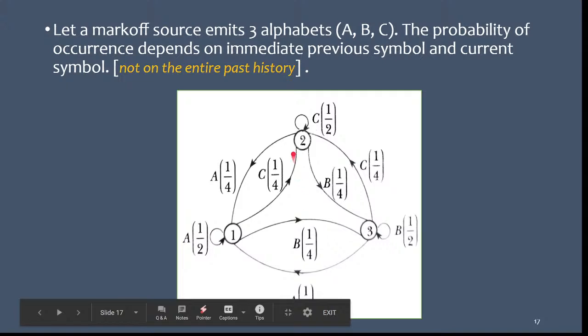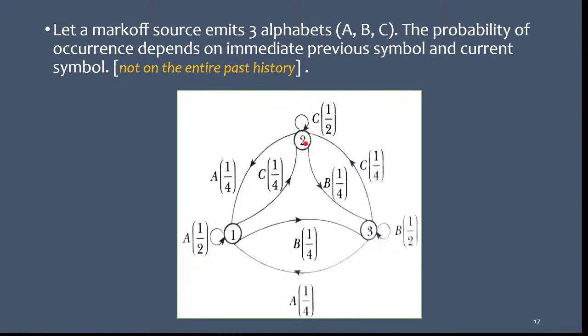The same applies to state 2. In state 2, it can again emit C and come back to state 2 here with the probability of 1 by 2. Or from state 2, it can emit symbol A with the probability of 1 by 4, and then we call it a new state 1. Or from this state, it can emit symbol B with a probability of 1 by 4, and then it enters a state that is called state number 3.